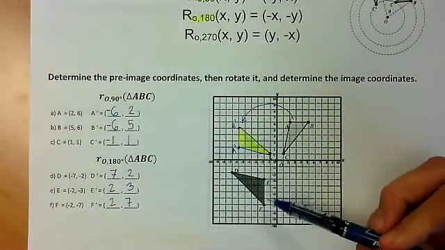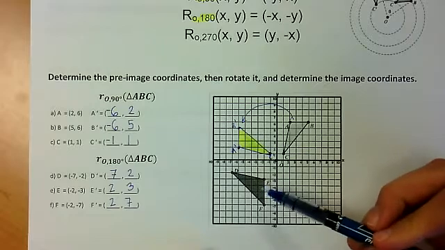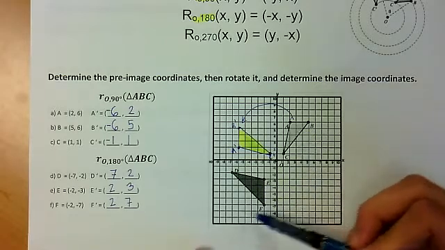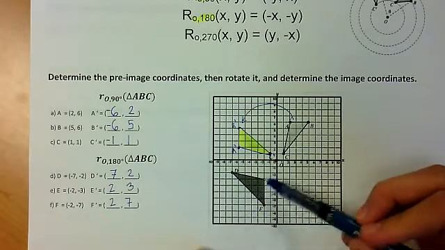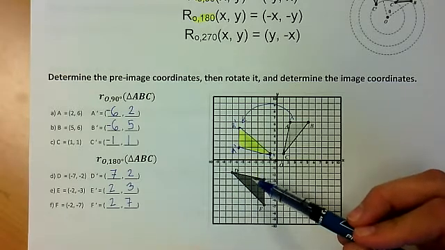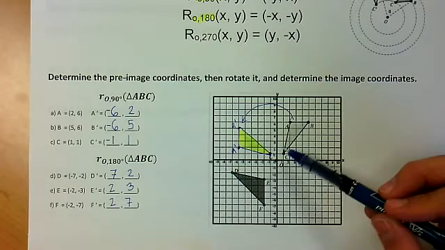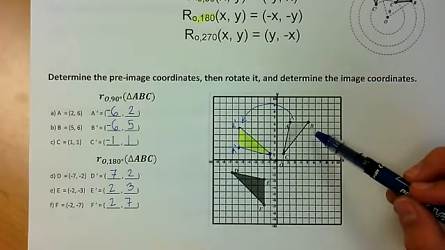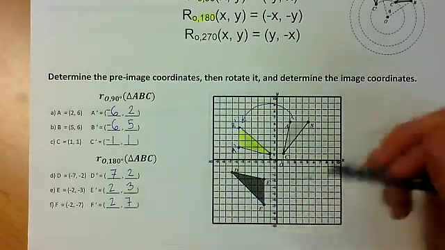Why is that? Well, because we are taking that pre-image and we're moving it to the opposite quadrant, right? So if I'm in the third quadrant here, I have all negative coordinates, I'm going to move to the complete opposite quadrant, the first quadrant, which has all positive coordinates.